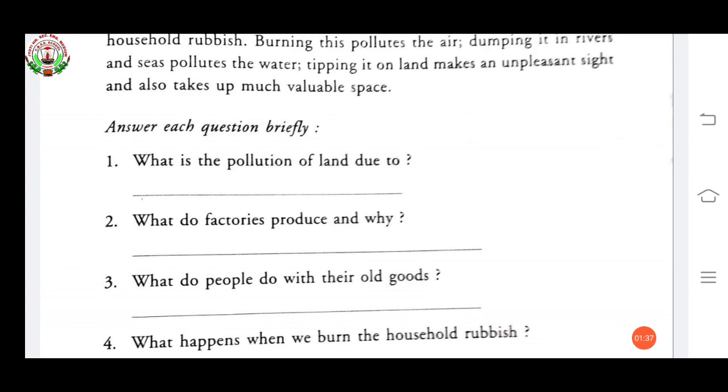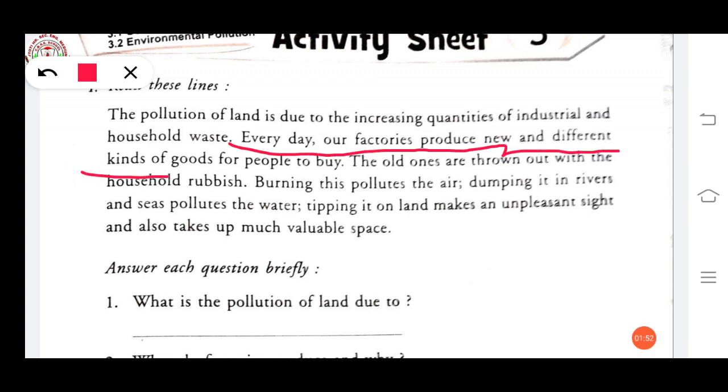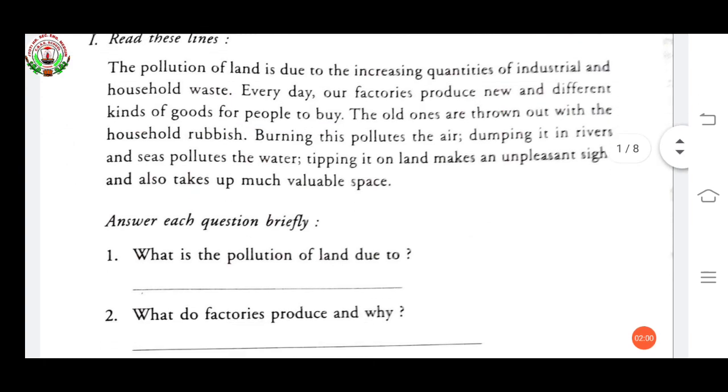What do factories produce and why? Now see, second line. Every day our factories produce new and different kinds of goods for people to buy. So this must be your answer number 2.